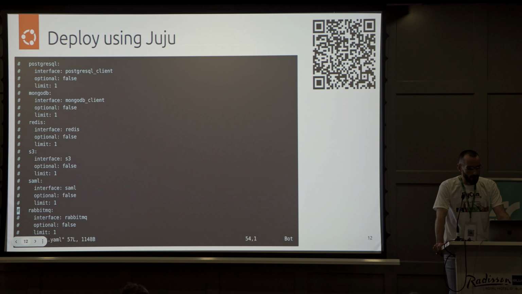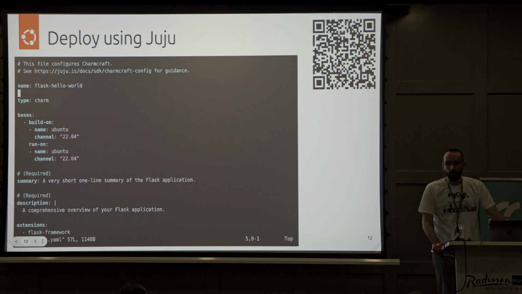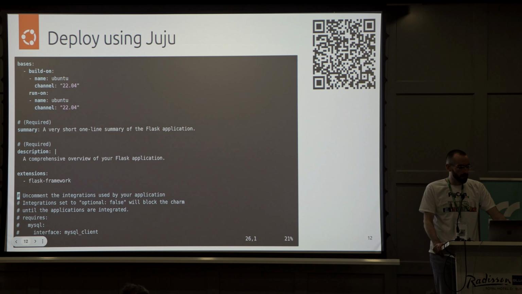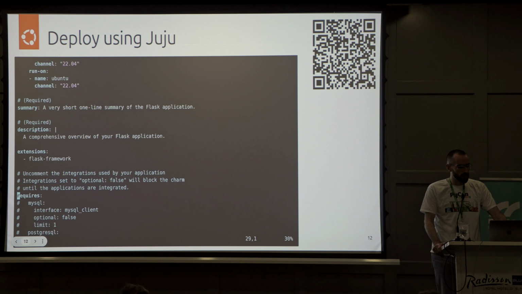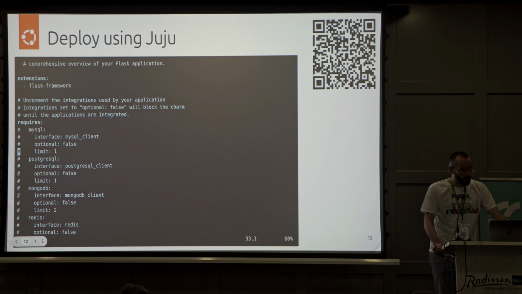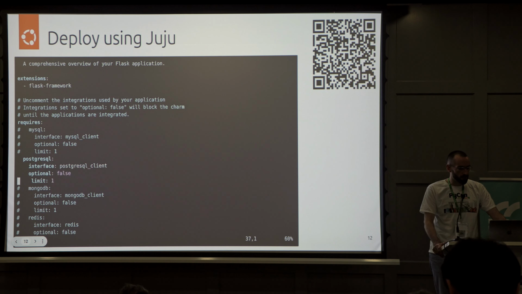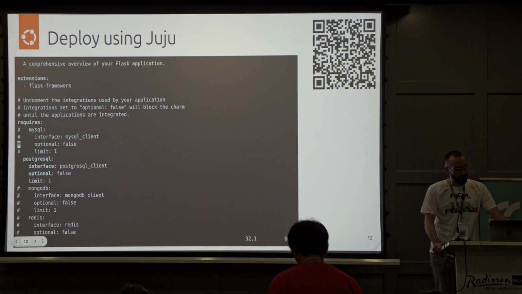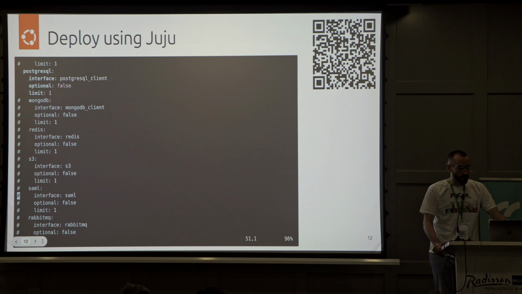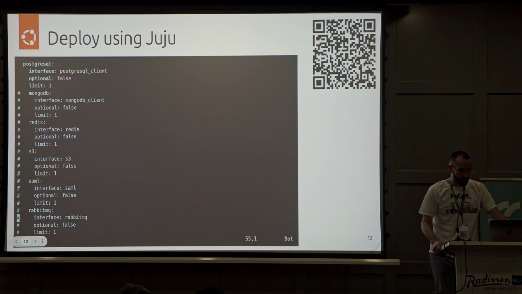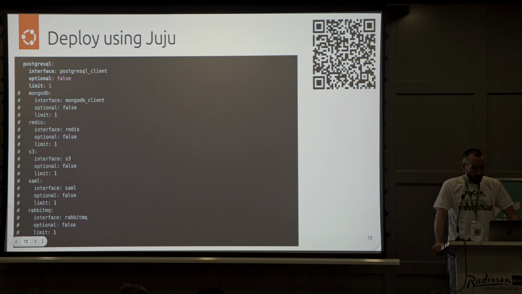And then in the charmcraft.yaml file, which defines how your application is going to be deployed, again, you can see that it's making use of the Flask framework extension. And then we just say that the application requires a Postgres database. You can also see a few other things that we support here: MySQL, MongoDB, Redis, S3 and SAML. Observability is there as well, though you don't see it here because it comes by default. And we're always adding more things to that.